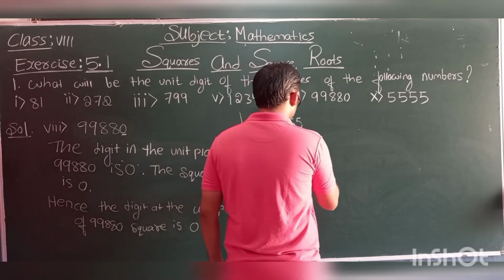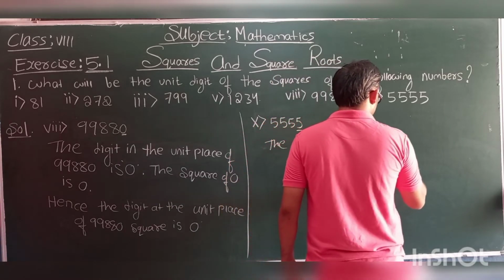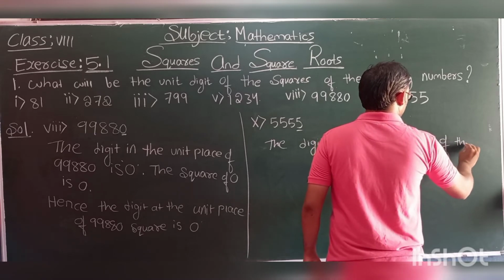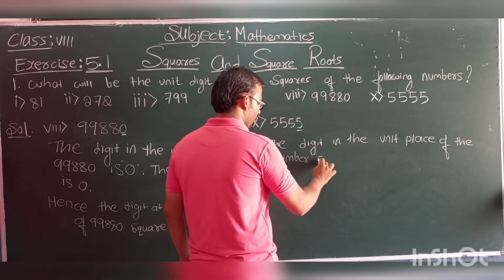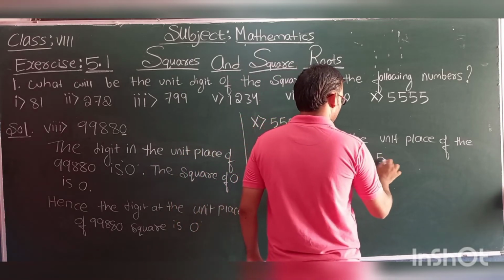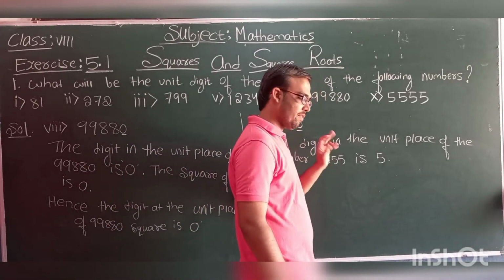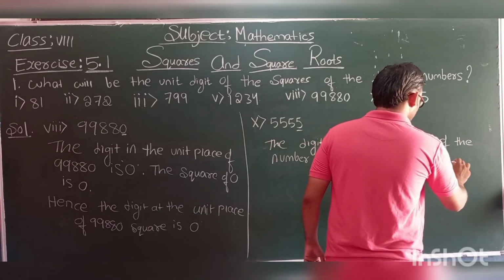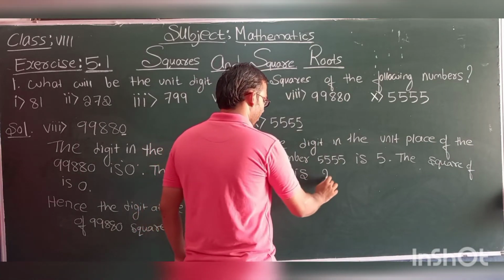The digit in the unit place of the number 5555 is 5. The square of 5 is 25.